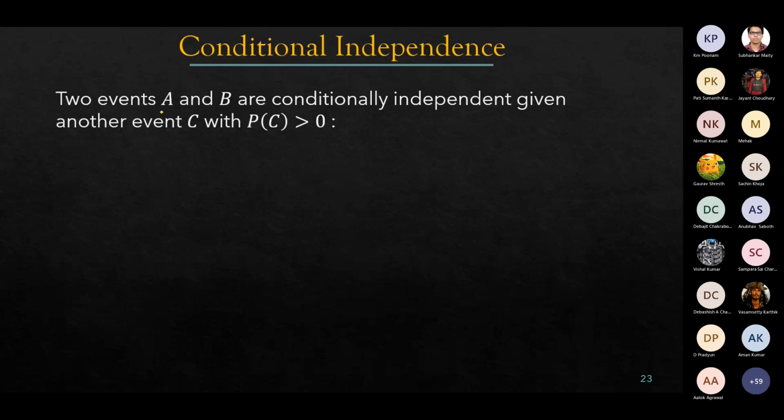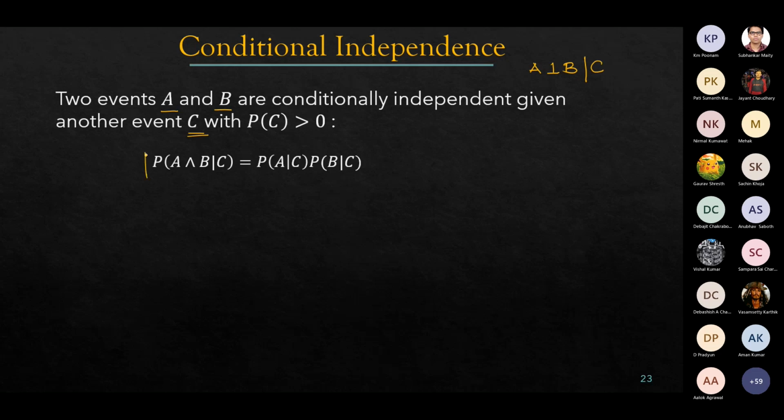So we say that two events A and B are conditionally independent given another event C. How do we write this? These two variables are conditionally independent of each other given another variable C. When do we say that?